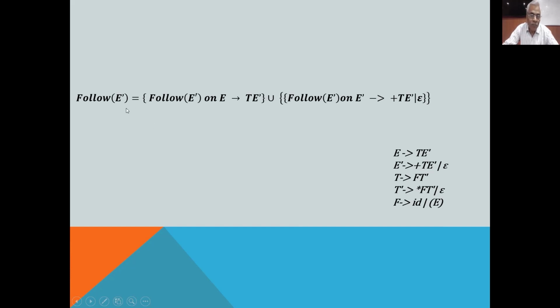So follow of E dash will be follow of E dash on the production E to TE dash, union follow of E dash on the production E dash to plus TE dash. So from this follow of E dash we get follow of E, because in this production there is no next symbol, so we move to the left side of that production.